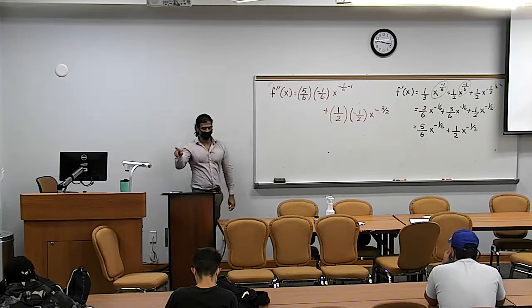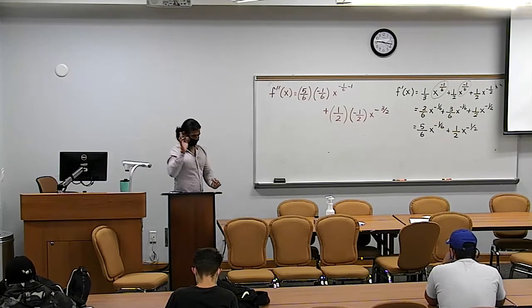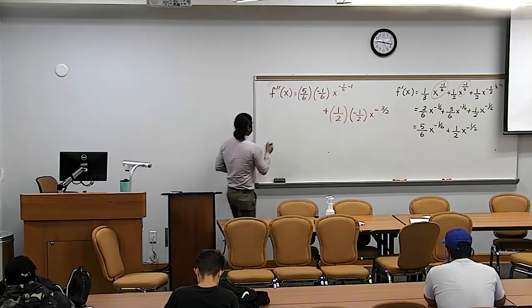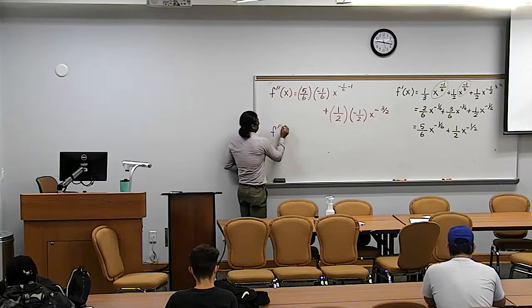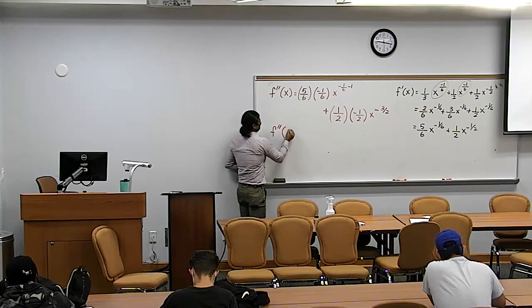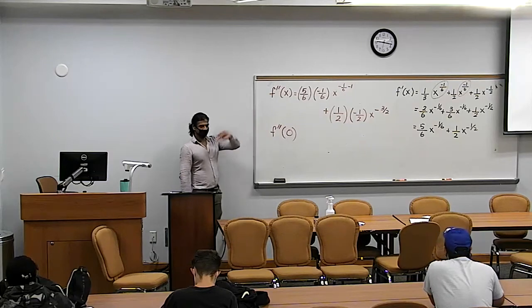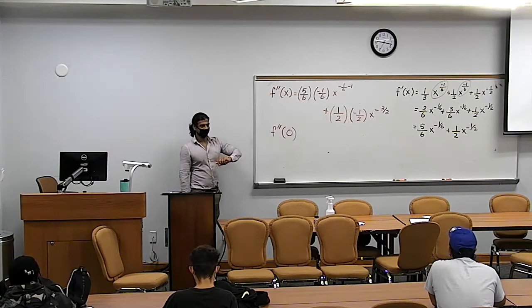What value? 0 to find f double prime of 0. What is f double prime of 0? We simply plug in 0 for x, right?